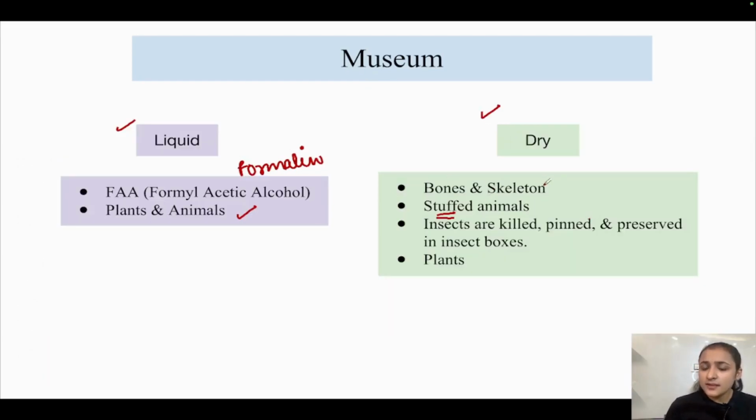Sometimes bones and skeletons of animals are also displayed in a museum. Talking about insects, insects are killed, then they are pinned with the help of pins in a box known as an insect box. So insects are killed, then pinned and preserved in insect boxes. That is how insects are preserved by the dry method. And plants, as already discussed, can also be preserved by the dry method.